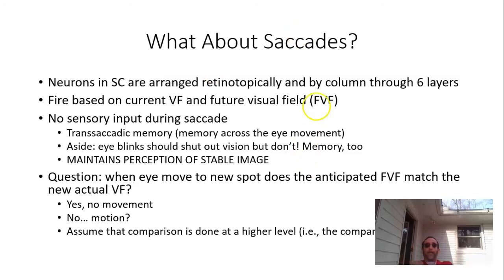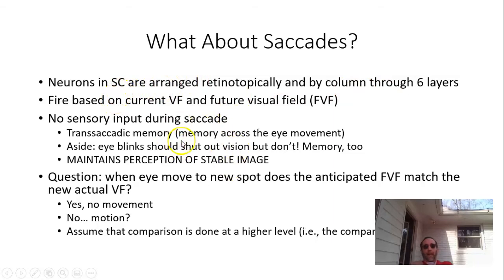If I'm expecting something to be, say, here, and then when my eye gets there, it's not there, that's another way that I can be aware of movement. Because if it's stationary, it should be there, but if it's moving, when my eye gets there it should be in a different spot.